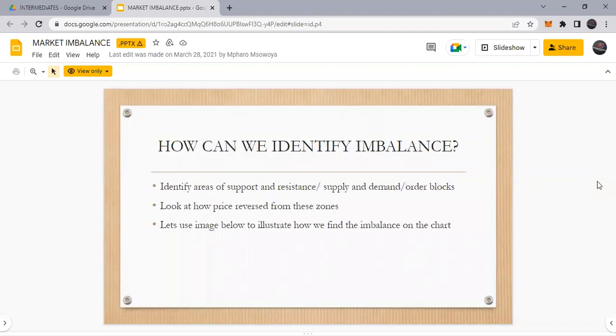Now, how can we identify imbalances? We identify areas of support and resistance or supply and demand or other blocks. Once you identify those areas, you look at how price reverses from those zones. Let's use the image below to illustrate how we find the imbalance on the chart.